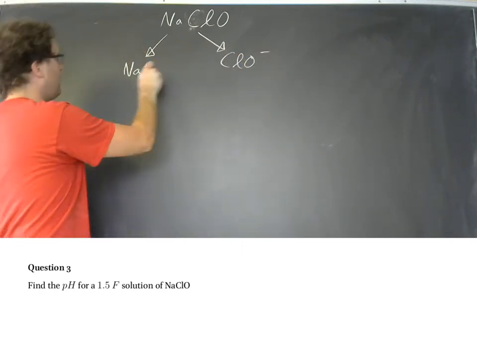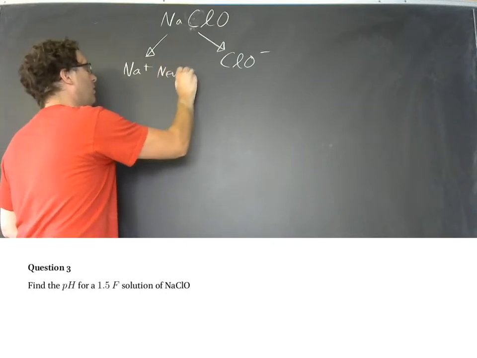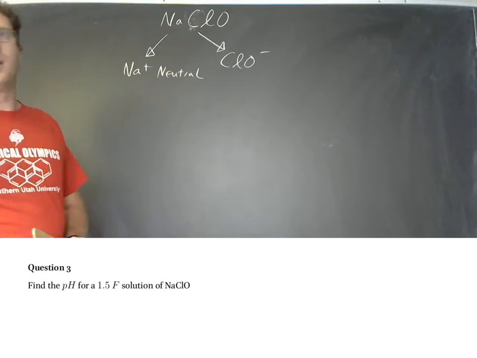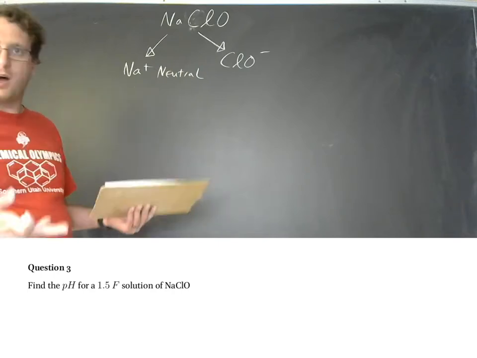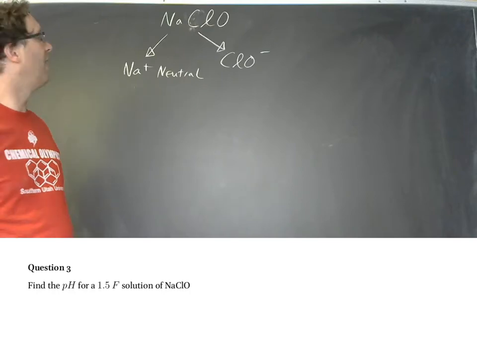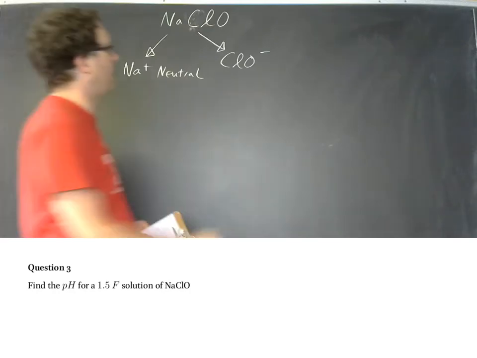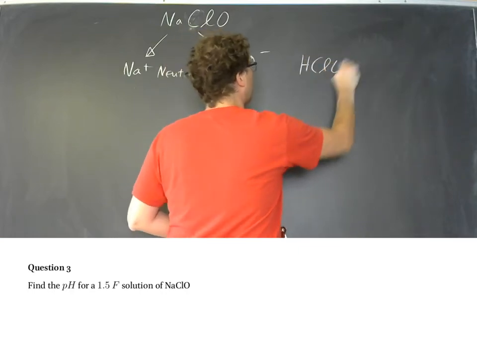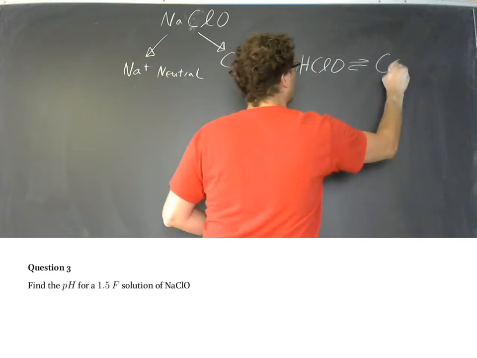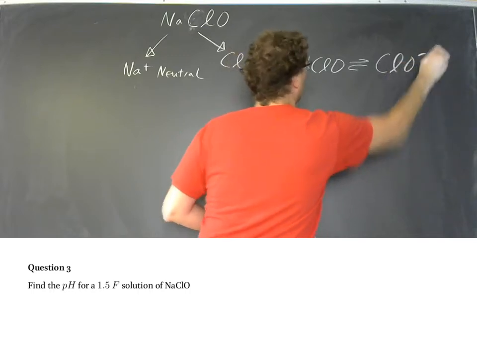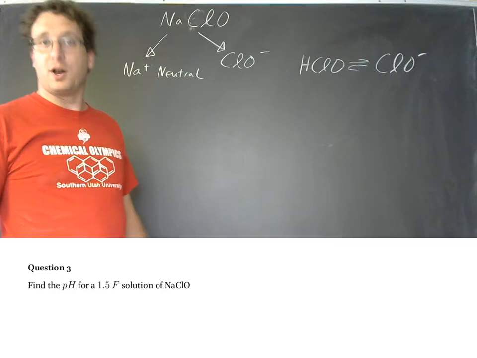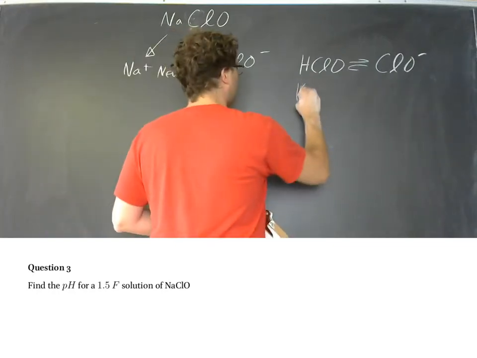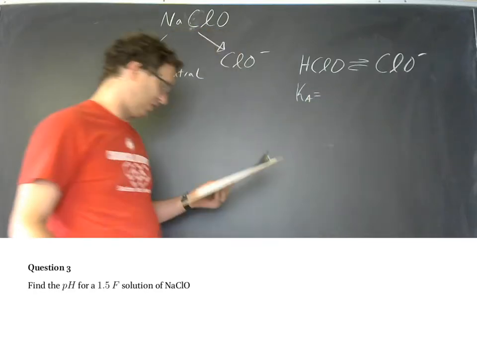Now sodium is neutral. Those group 1 and heavy group 2 metal cations are sort of the counter ion to soluble hydroxide salts, and they are neutral. ClO- is a part of the hypochlorous acid, hypochlorite conjugate acid-base pair.